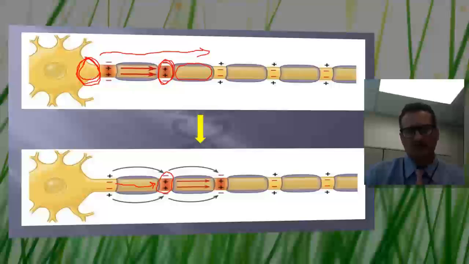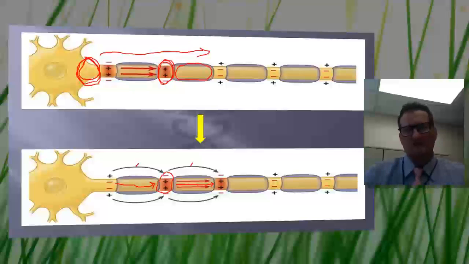Once it reaches a node, the action potential is amplified, and so the electrical current flows under the myelin to the next gap junction, where an action potential is again stimulated. Because the action potentials only occur at the gaps, the impulse appears to leap from one node to another, and this type of conduction is called saltatory conduction, and that's what these arrows here and here are representing.